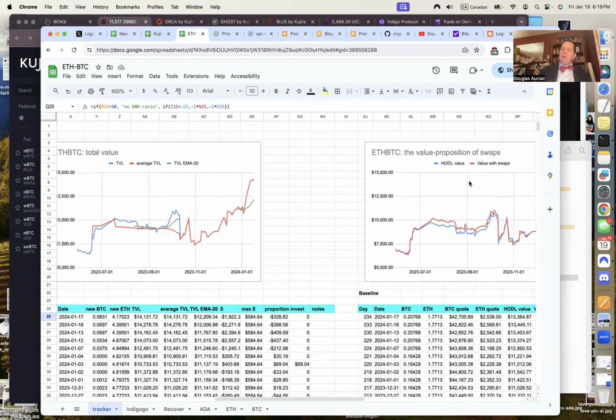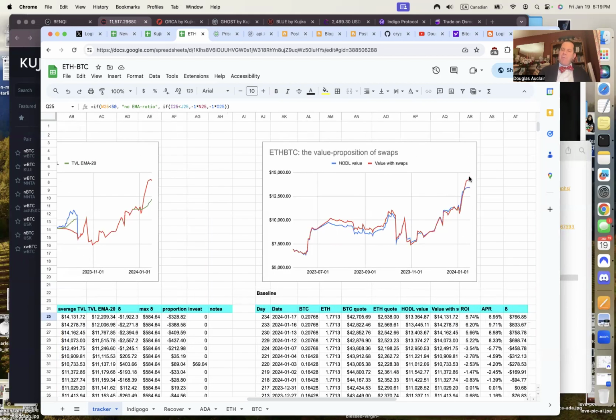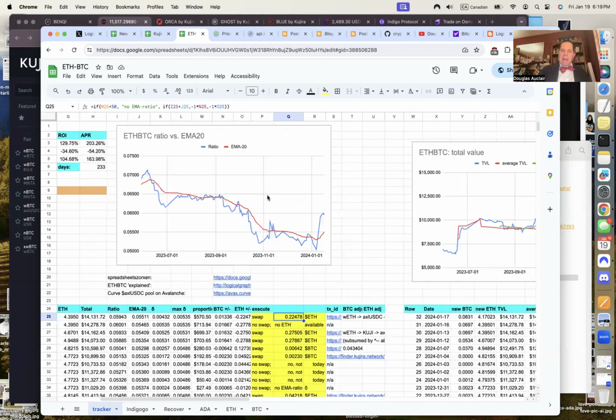But I have increased the value of the portfolio by applying this FBET ratio with the EMA 20 indicator to tell me when to trade and what to trade, and by measuring the max delta, how much to trade. By combining these three things together, I start with a portfolio at a certain value, and I'm growing my value of my portfolio over time.